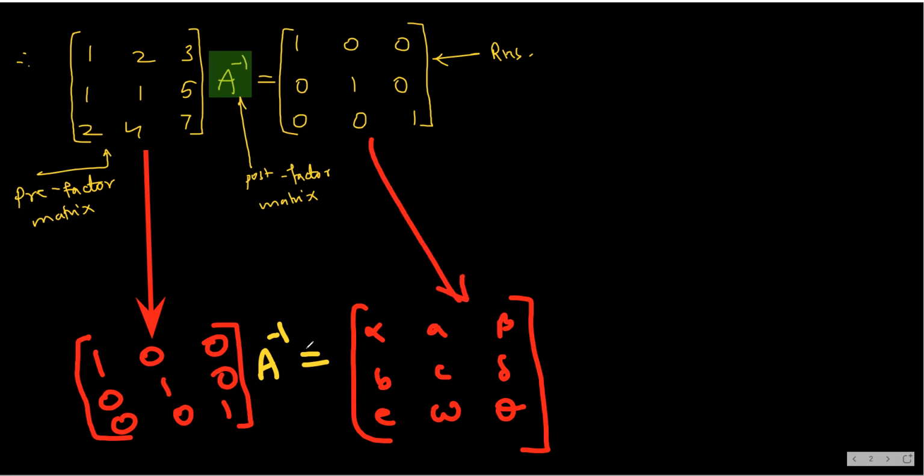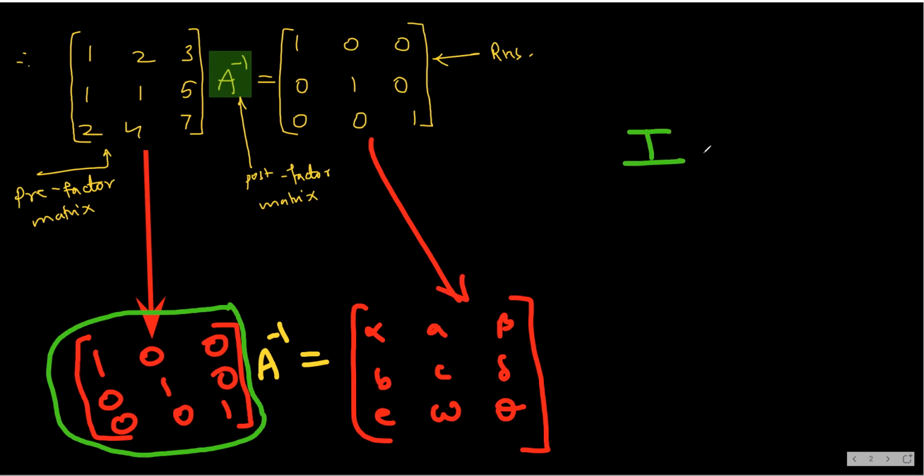Now see, what do you have on the left hand side? On the left hand side, you have the identity matrix I. This is I into A inverse. And remember, when you multiply the identity matrix with any matrix, it is that matrix only. I into A inverse is A inverse.